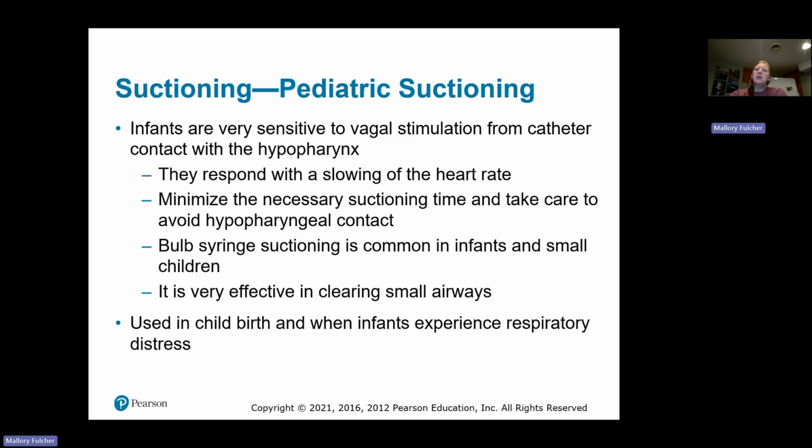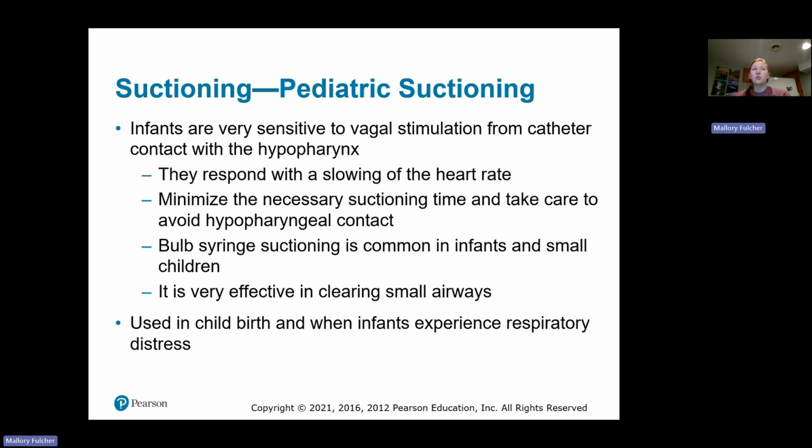So when we're suctioning pediatric patients, we need to be very careful that we're not stimulating their vagus nerve. The vagus nerve kind of runs along the back of the throat. If it's stimulated, they have a decrease in heart rate and a decrease in blood pressure.